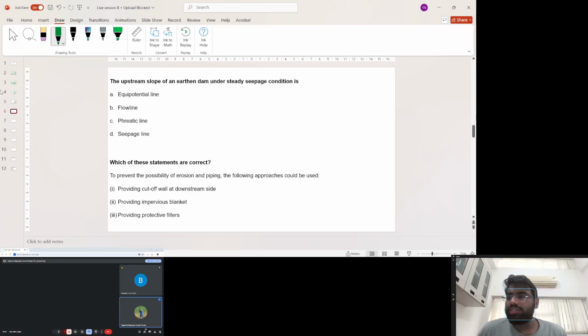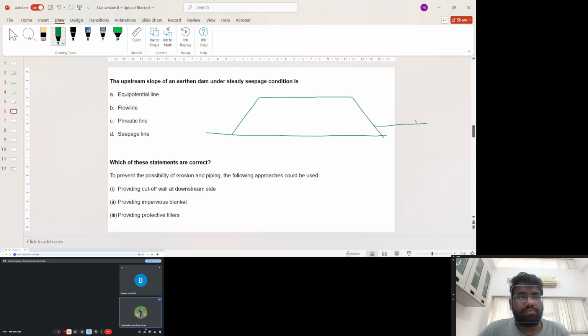So coming to the next question: the upstream slope of an earthen dam under steady seepage condition is... First we need to understand what steady seepage condition is. This is an earthen dam.